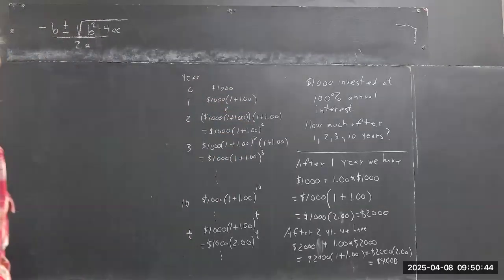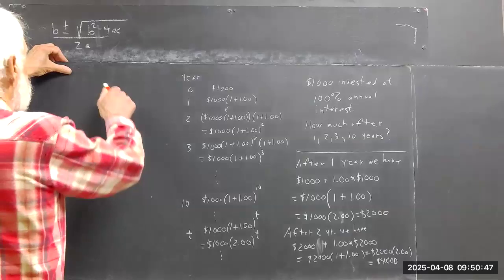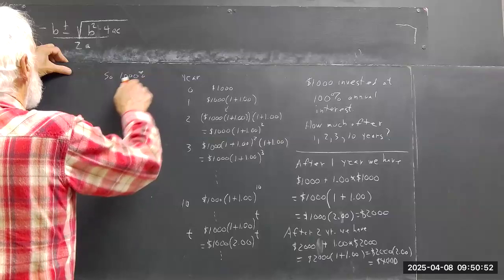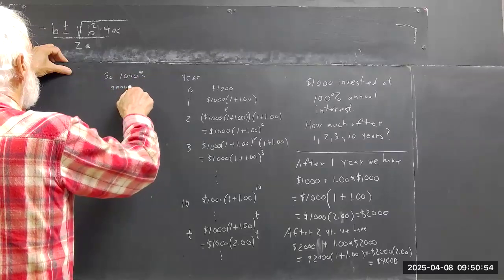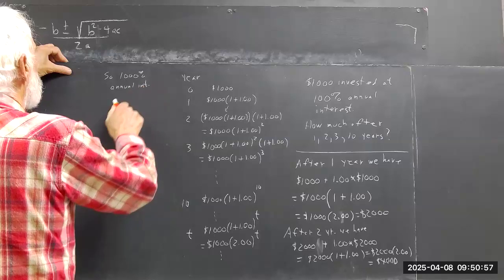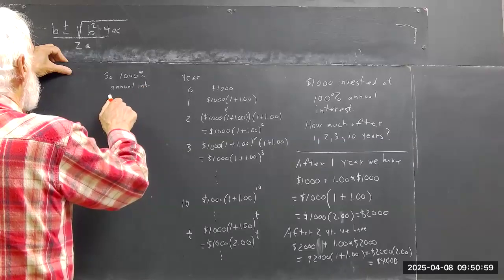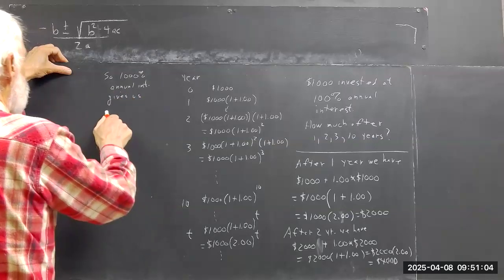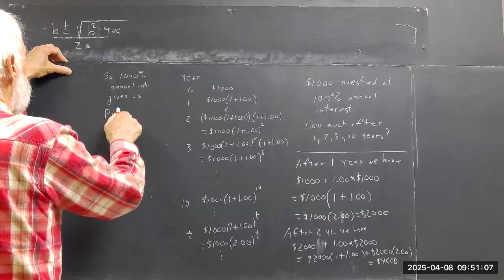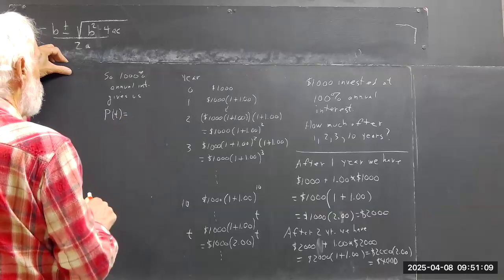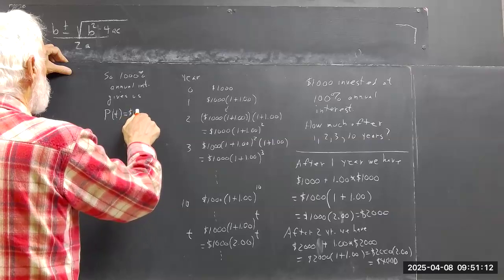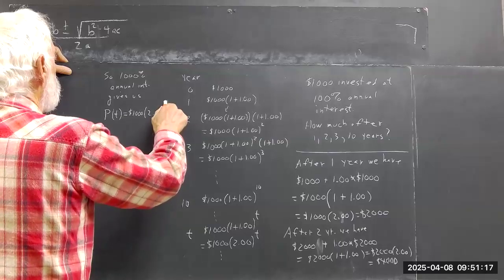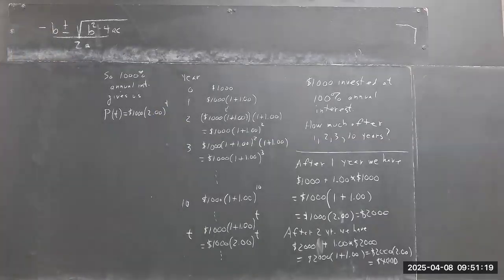So 100% annual interest gives us, we'll call it P for principal of T, equals $1,000 times 2.00 to the T.